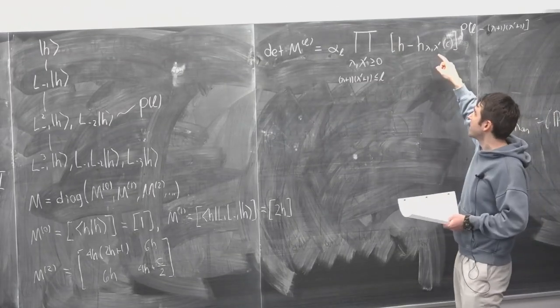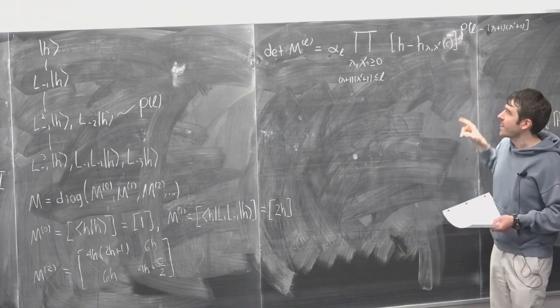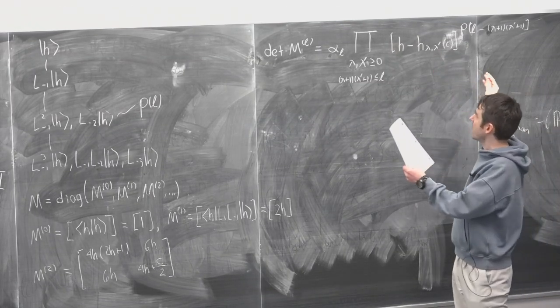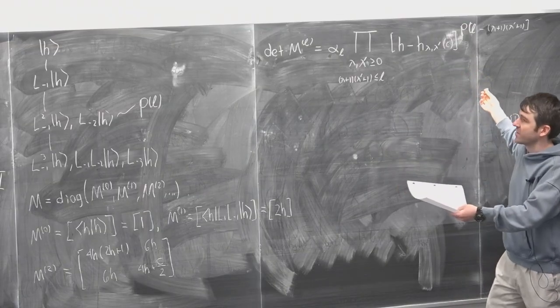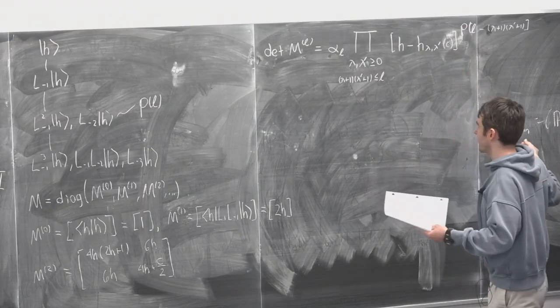So before I even write down the formula for this root, this structure tells us a little bit about the representation theory of the Virasoro algebra already.